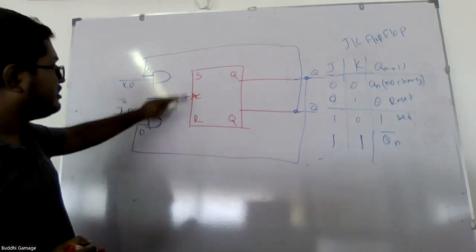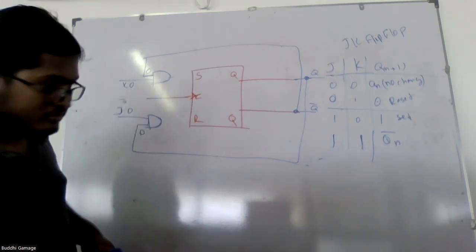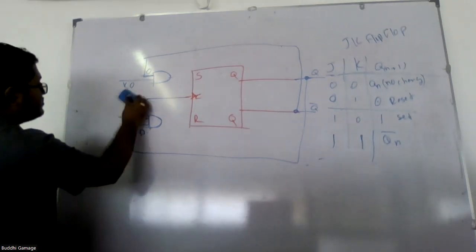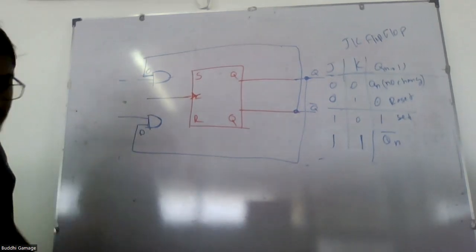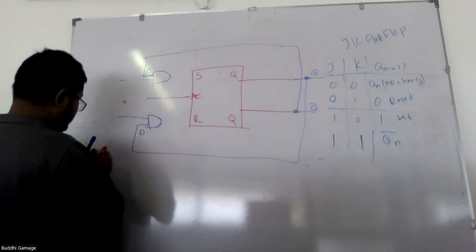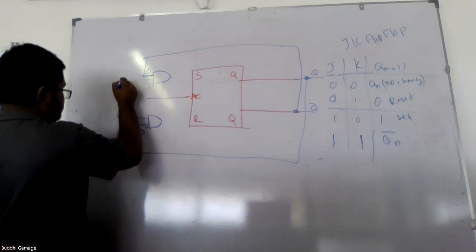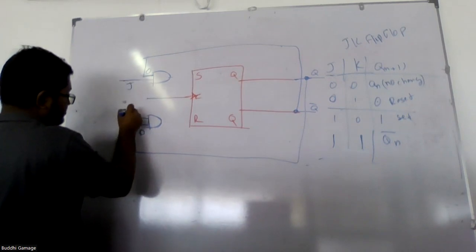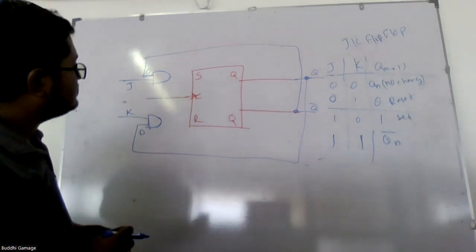So I change this variable. The first one is set. So we need to change this one as well. This is K. Right.